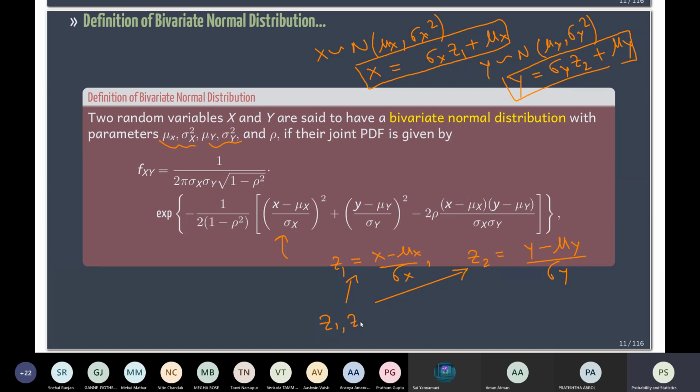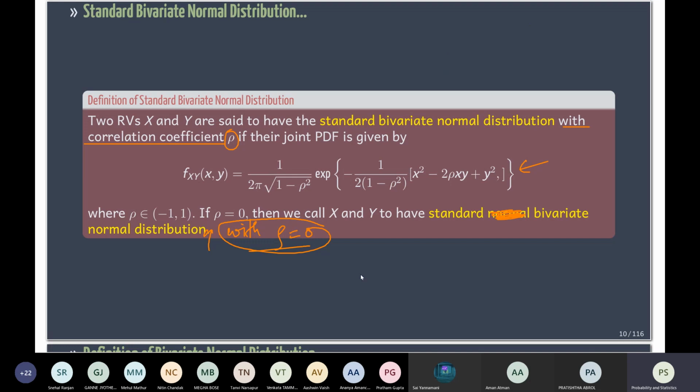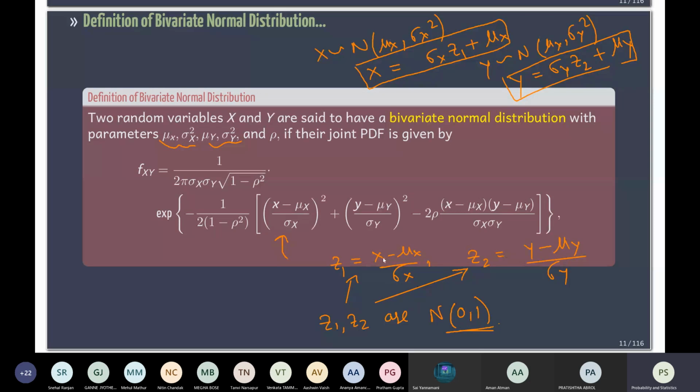So for the standard normal, I can plug in the formula that we derived here. A standard normal bivariate we know, and then we substitute back, go back to x, and if you do all these calculations, you will get to this.